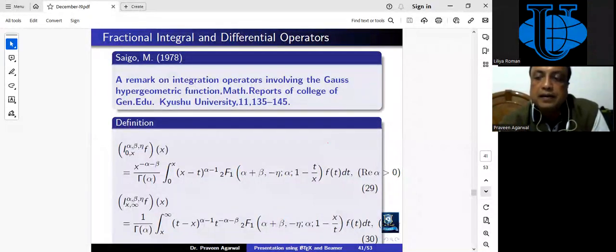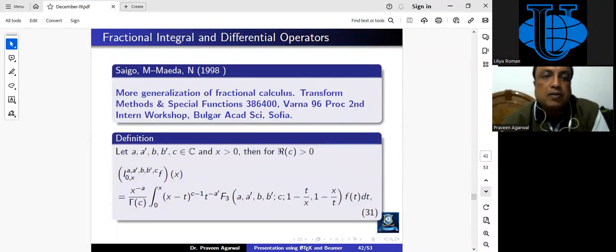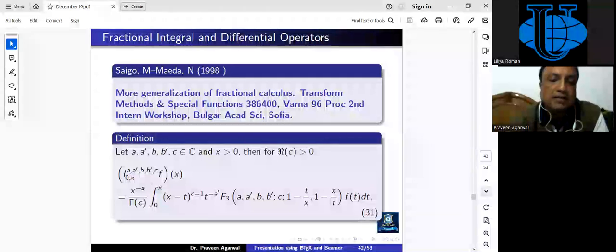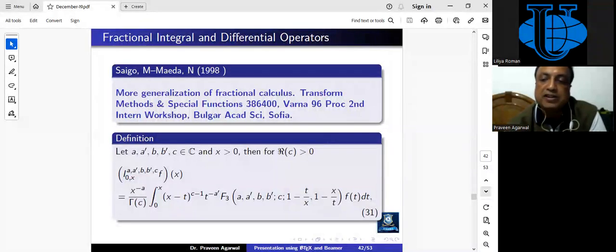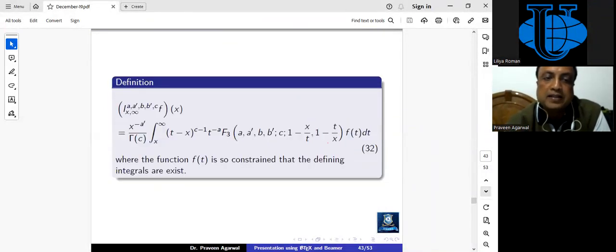After that, Saigo-Maeda gave a very interesting generalization of the operator, which is given by equation 31. We call this the generalized Saigo-Maeda fractional integral operator. And this is another fractional integral operator. So they give the left-hand side and right-hand side generalized Saigo-Maeda fractional integral operators.